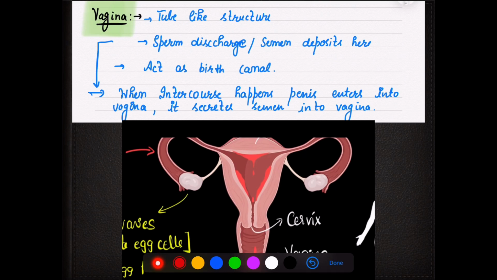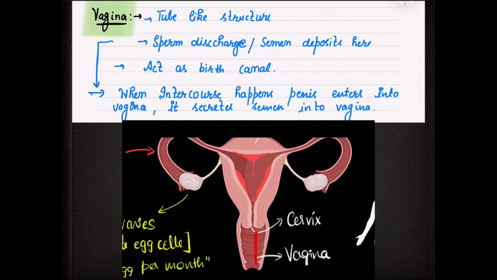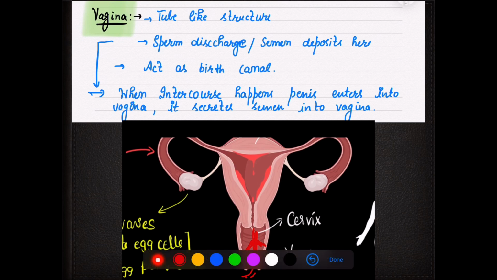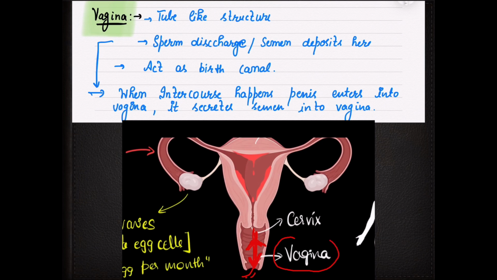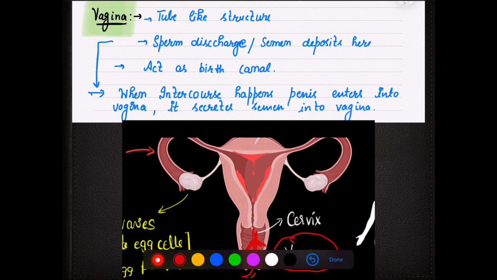Next is the vagina, which is another opening, the lower end tube-like structure. Females receive the penis in this vagina during intercourse. So the sperms, or rather the semen, are deposited in the vagina, and also the baby is going to come out from this passage, so this is also known as the birth canal.